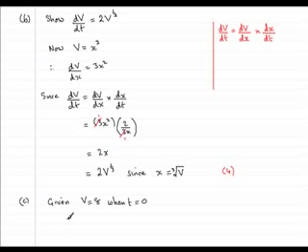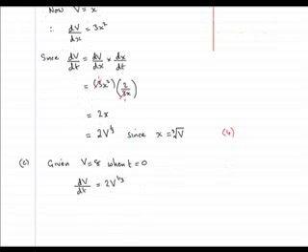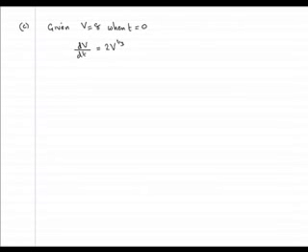So let's just recap. We've just got that dv by dt we're given is the differential equation equals 2 times v to the power 1/3. Let's also give ourselves a lot more room down here. And so how I'm going to tackle this is by separating the variables.